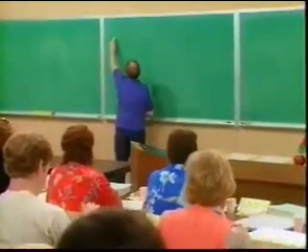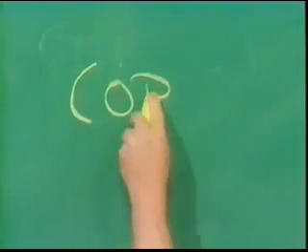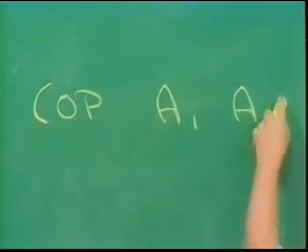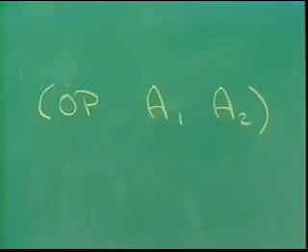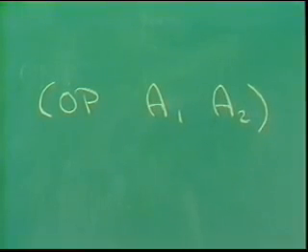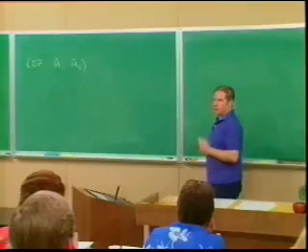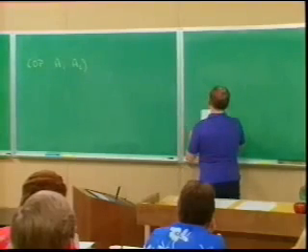Let's imagine that we're compiling an expression that looks like there's some operator and there are two arguments. Now, what's the code that the compiler should generate? Well, first of all, it should recursively go off and compile the operator.